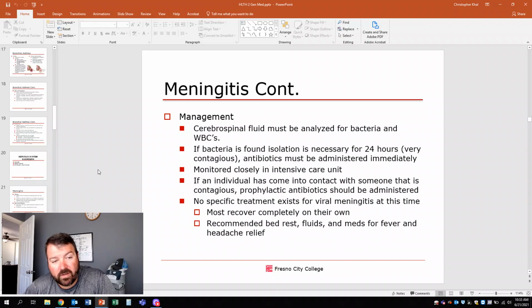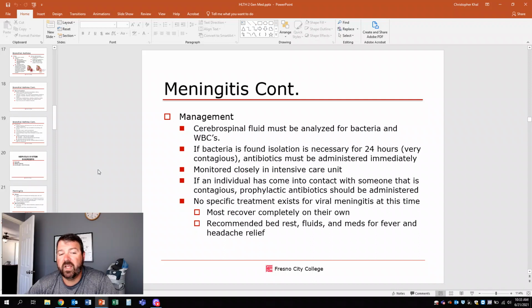Management: our cerebrospinal fluid must be analyzed for bacteria and white blood cell counts. If bacteria is found, isolation is necessary for 24 hours because it's very, very contagious. Antibiotics must be administered immediately, with monitoring in the ICU.